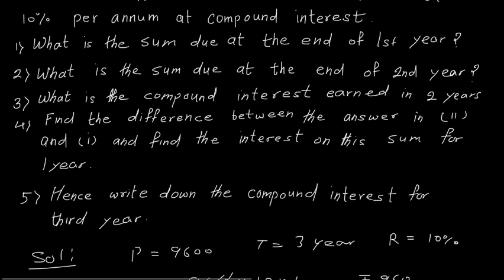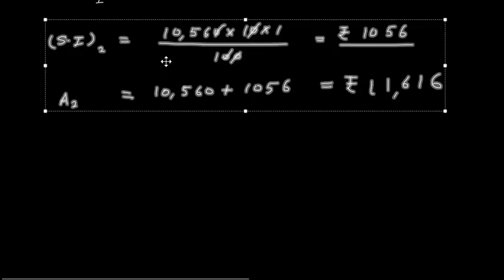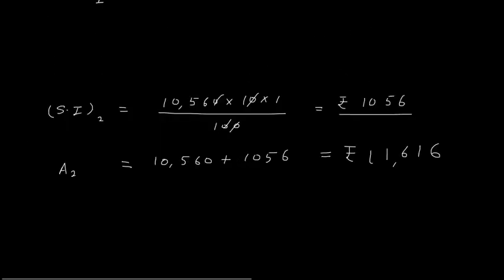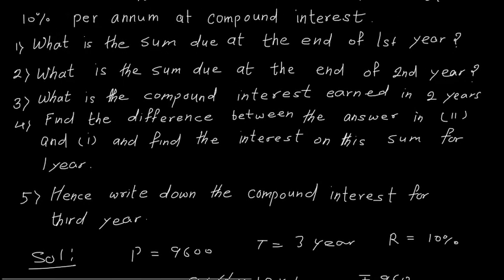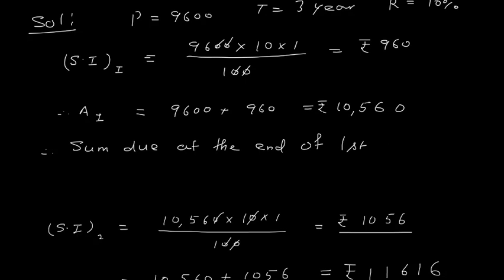What is the sum due at the end of first year? So here I must mention that sum due at the end of first year. Okay, so here I will write answer for the first question. Therefore sum due at the end of first year is equals to rupees 10,560.